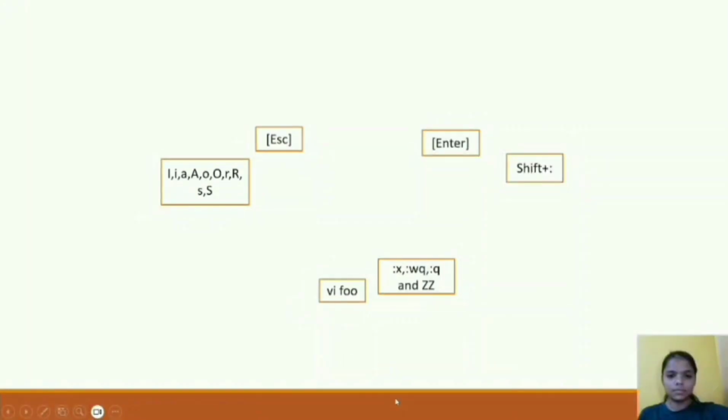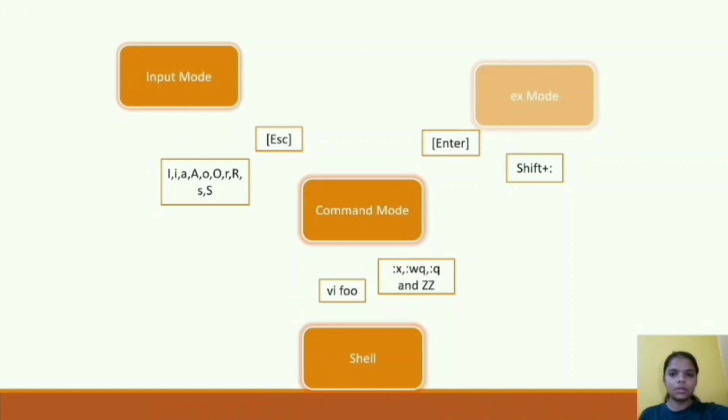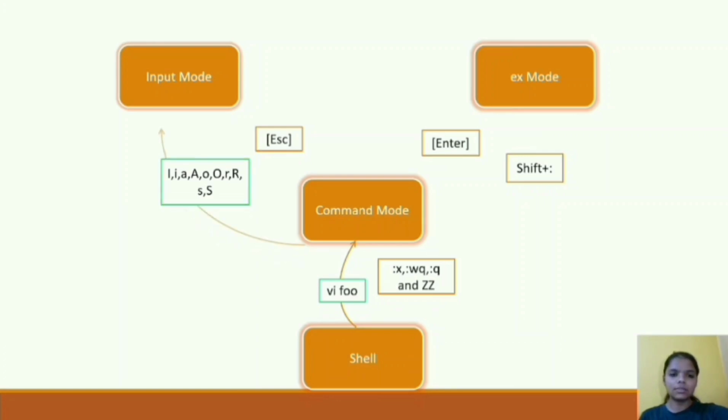Flowchart. Shell, command mode, input mode, EX mode. We have created a file here, vi foo. Then we enter the command mode. From command mode to input mode, we use i, a, o, or s.